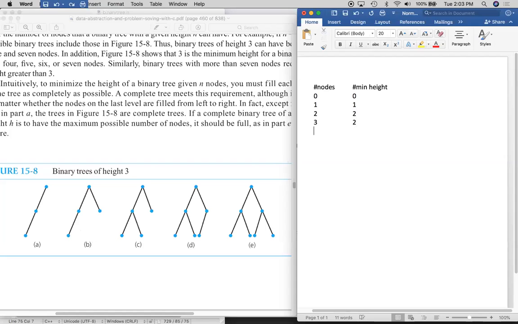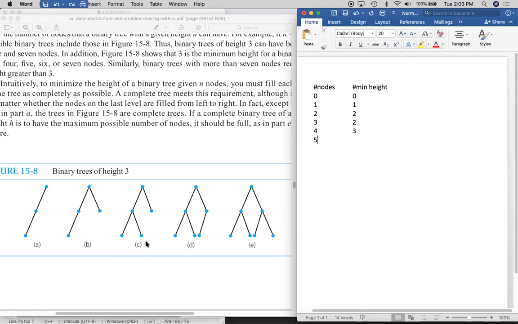If the number of nodes is 4, then the minimum height is like in part B here, right? This is a tree of minimum height with 4 nodes. So the height of that tree is 3. 5 nodes, looks like that's C, right?